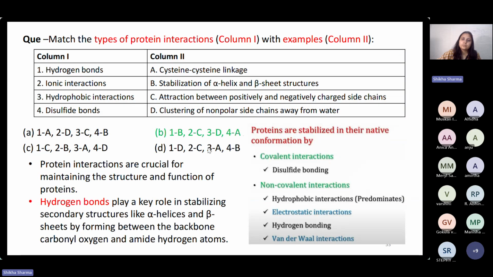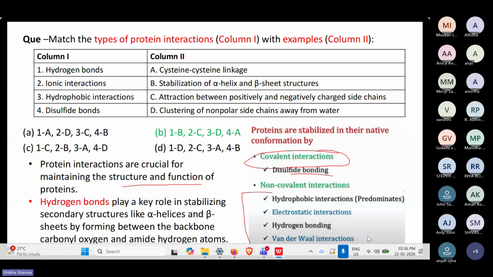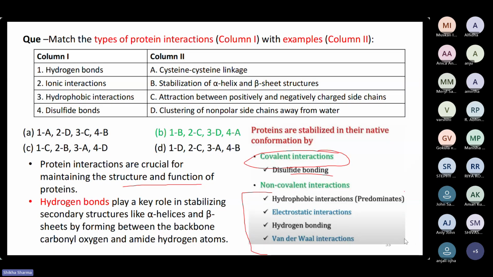So protein interactions are basically important for maintaining the structure and function of the protein. We know that proteins maintain different kinds of conformation with the help of covalent interactions like disulfide bonding, and non-covalent interactions, which majorly include hydrophobic interactions, electrostatic interactions, hydrogen bonding, and van der Waals interactions.